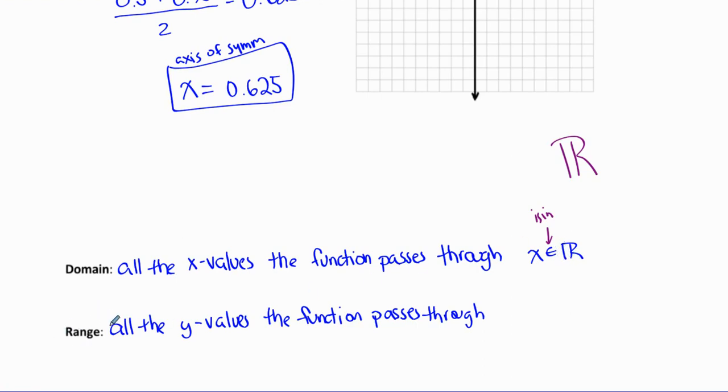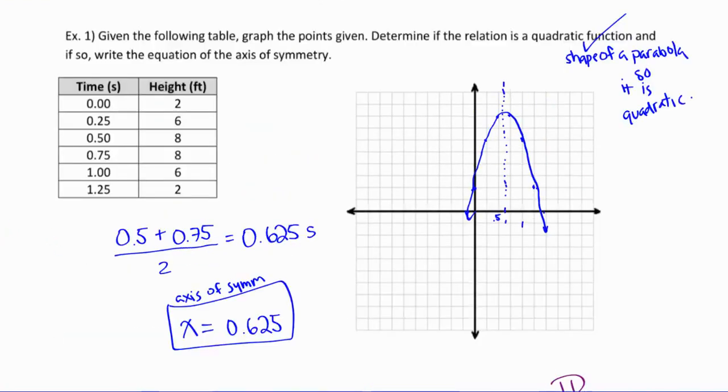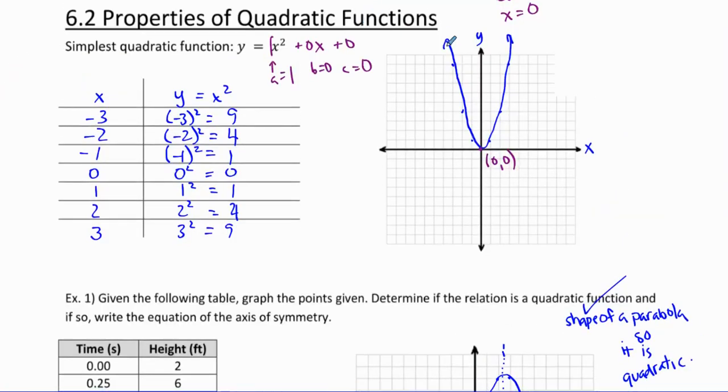Okay, the range depends. For this case, my y values, I have all of these numbers up here if I follow this down, and then it goes all the way down to 0 and then starts shooting back up. So my range would be y is greater than or equal to whatever that vertex is, in this case 0, because we have a minimum point there.